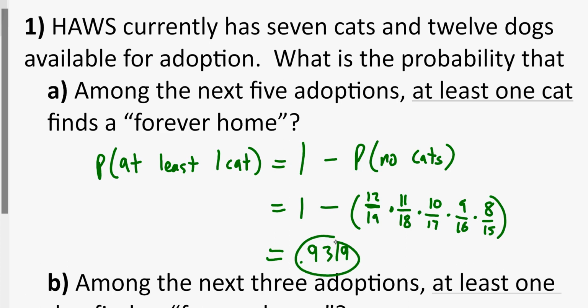So there's a 93% chance that that happens. But if I did it the other way, I'd have to do the chance of getting a cat in one of them. So it makes it a little bit more work in the next 5, but let's do another one.